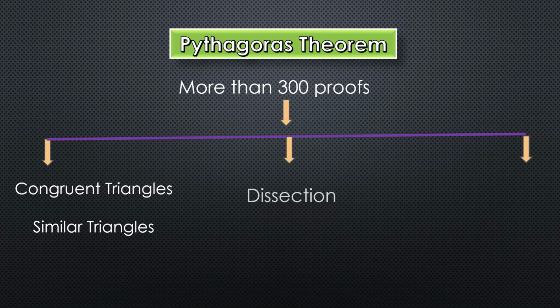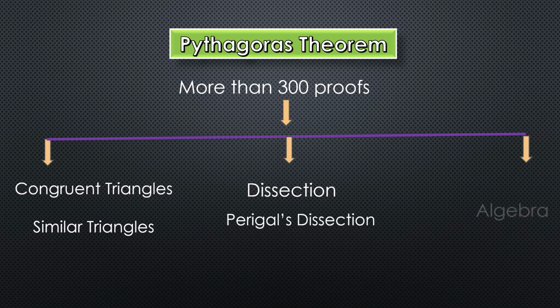The second category is dissection, dividing the area of a square into quadrilaterals and so on, and the very popular one is Perigal dissection. The third and final category is using algebra, the identities. Whatever proofs we have got can be easily classified into one of these varieties.